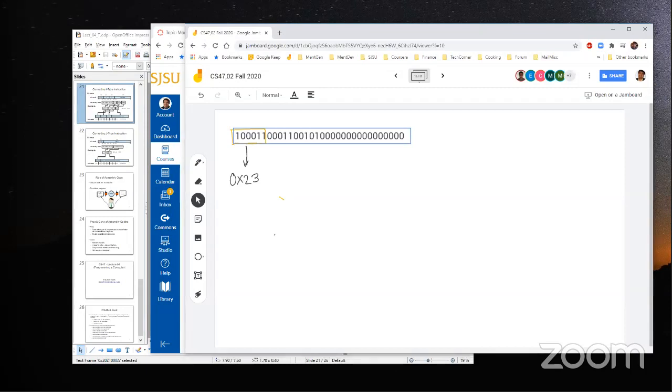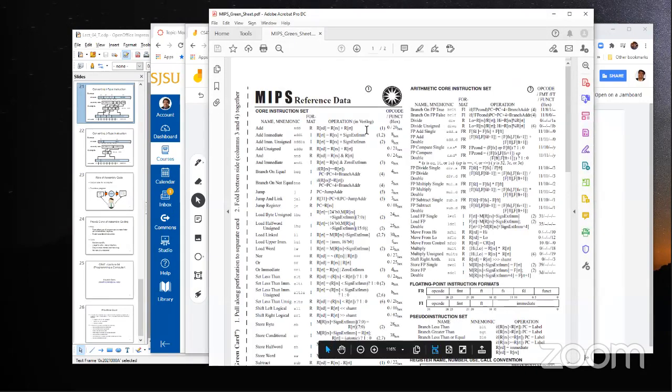How does it know? Let me pull up one more document for you to refer to. Bear with me a second. This is the MIPS green sheet from the textbook, and we'll be using it very frequently.